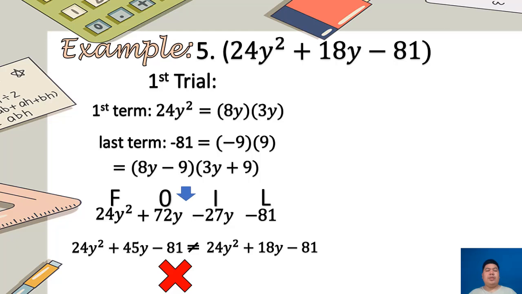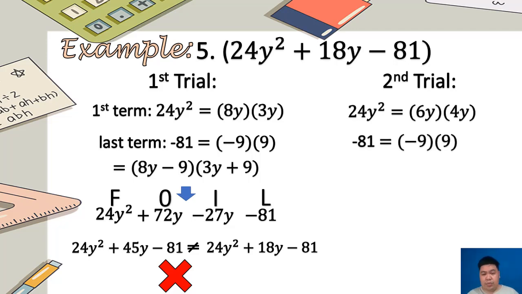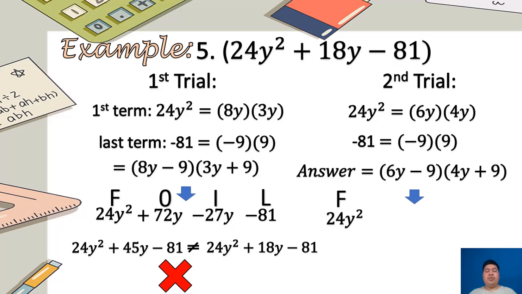So let's try the second trial. For the first term, we have the possible factor 6y and 4y. For the last term, we also have negative 9 and 9. So we have the binomials 6y minus 9 and 4y plus 9. So let's check using the FOIL. We have 24y squared. 6y multiplied by 9, we have 54y.